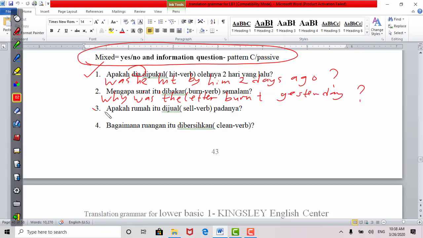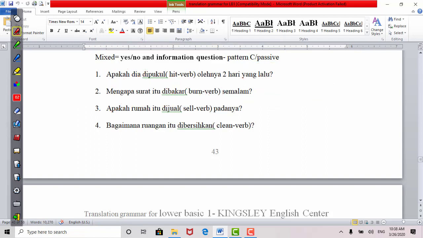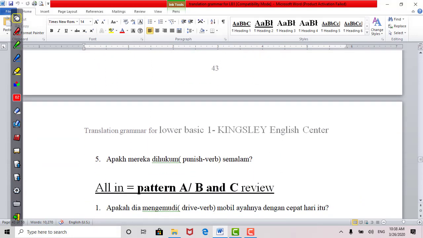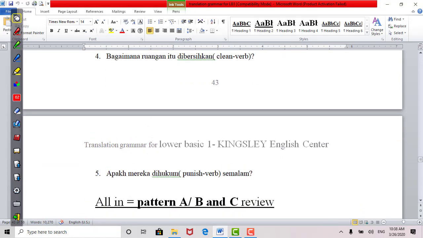Okay. After why, you put was or were. Yeah. Depending on the subject. If the letter is only one, put was. But more than one, for example letters, it should be were. Alright? Now we go to the next. For number 3 until number 5, you can answer at home.